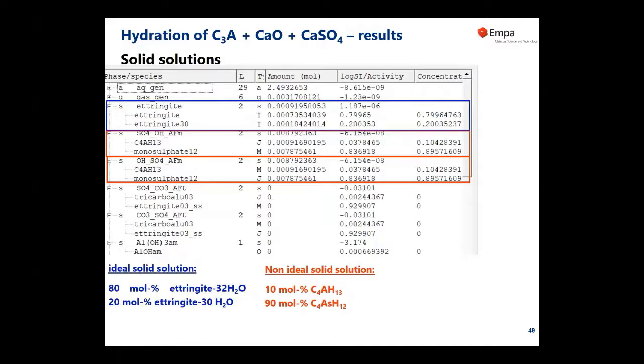To be able to calculate that within the program, we define 2 end members, one on the sulfate rich side and one on the hydroxide rich side. And that's why we have 2 end members for the non-ideal solid solution. But I promise it will be in the database lecture, there's some option to speak about that.